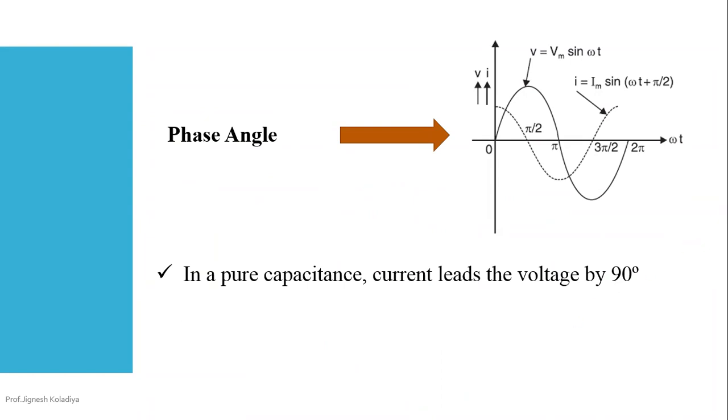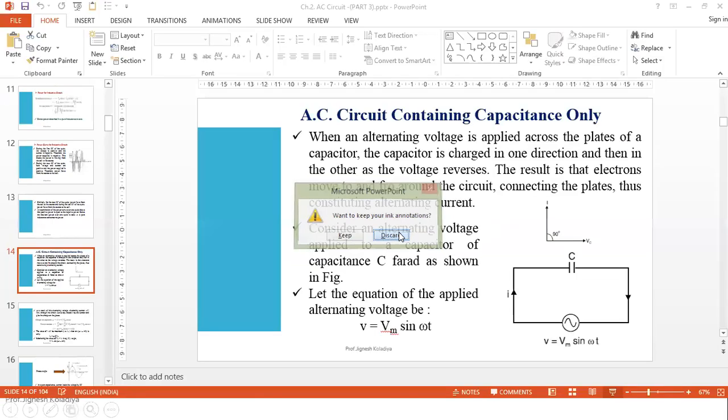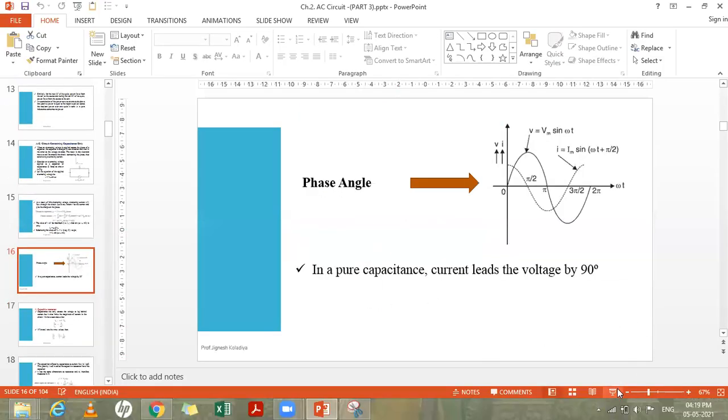Already the current is at 90 degrees, and at that time the voltage is crossing the zero point. So in a pure capacitance, current leads the voltage by 90 degrees.